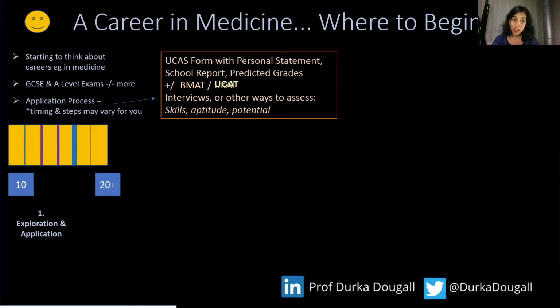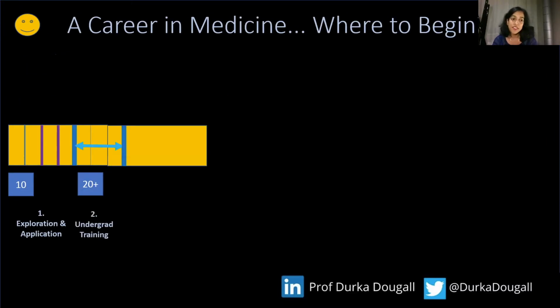So what are you applying for? What generally you're applying for is undergraduate training. This undergraduate training is anything between about 4 and 6 years. For some people, it will be longer, and you might choose to make it longer because you want to go part-time, or because you want to do, as well as an intercalated degree, a master's or a PhD.